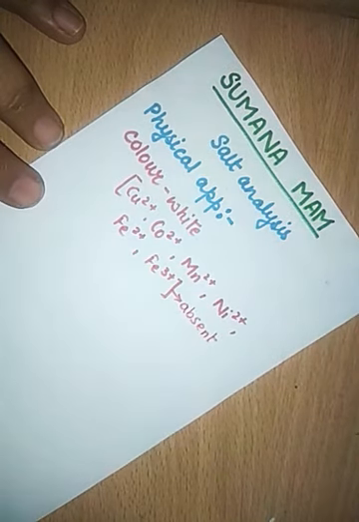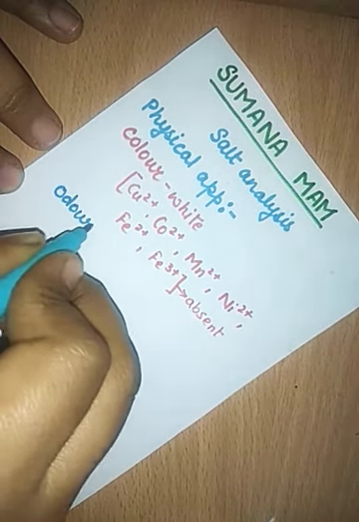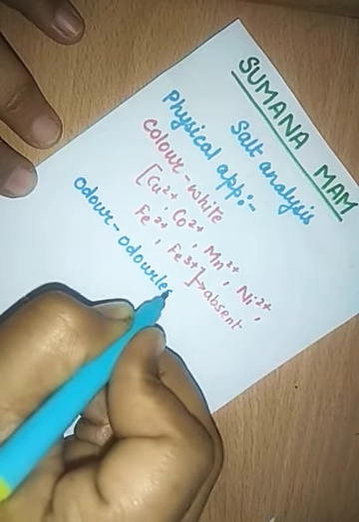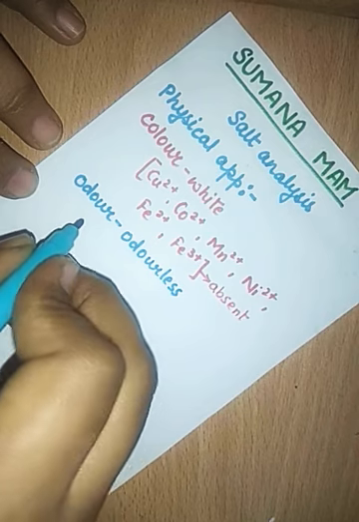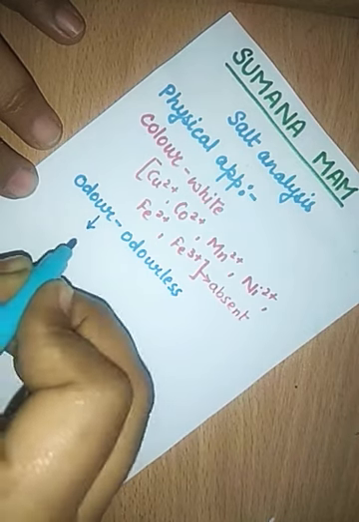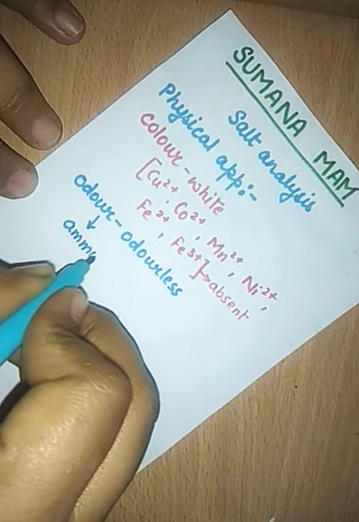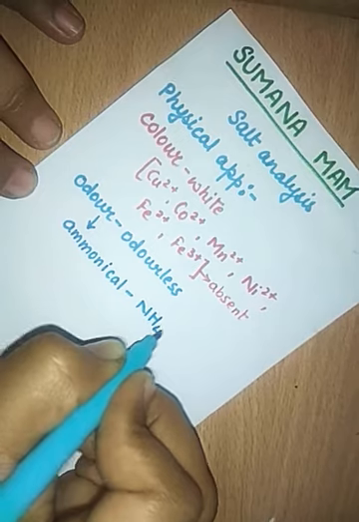Next thing which we can see is the odor. If it is odorless, then a lot of things can be seen. But if it is having specific types of odor, like ammoniacal, then ammonium can be present.